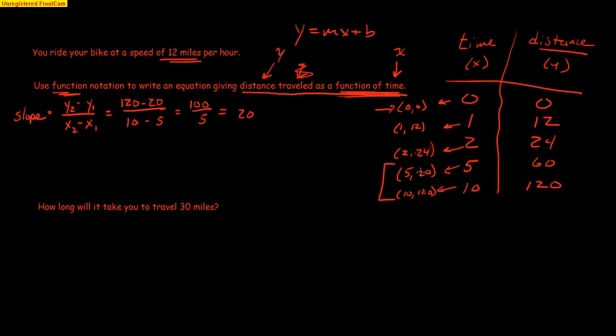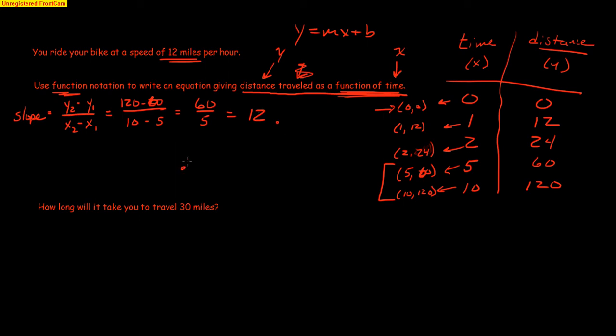Isn't this 60? Yeah. Make that a 60. That should be 60 over 5. So 60 divided by 5, that's better. That's a 12. So there's my slope.